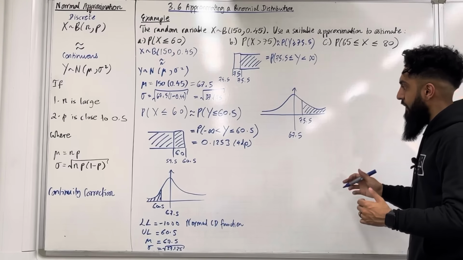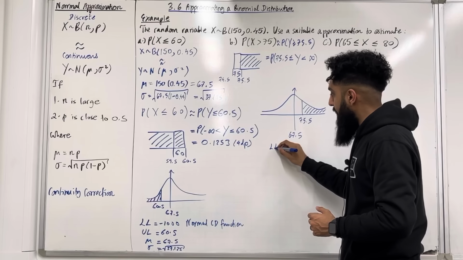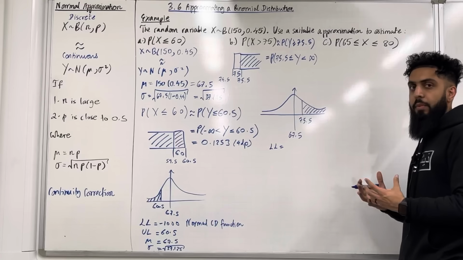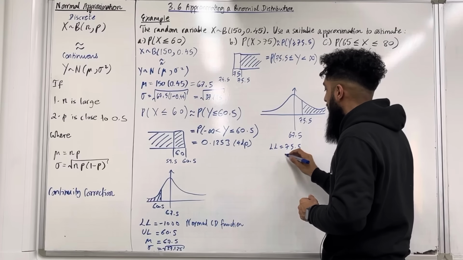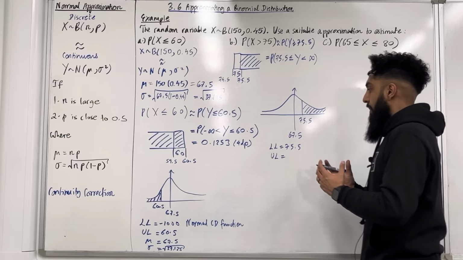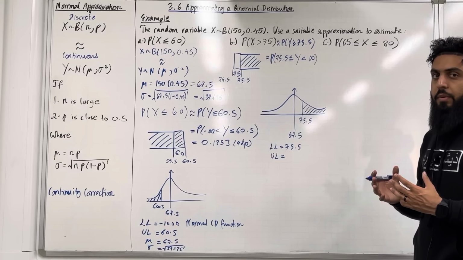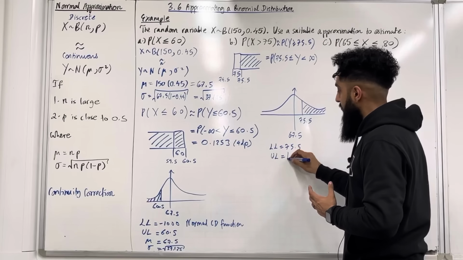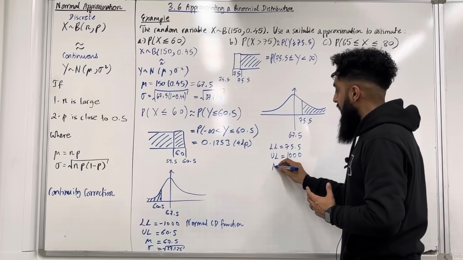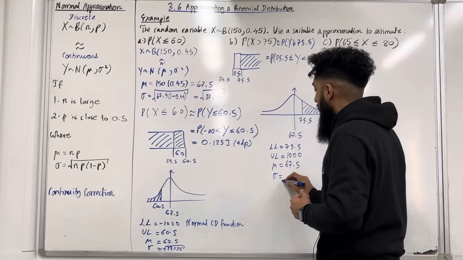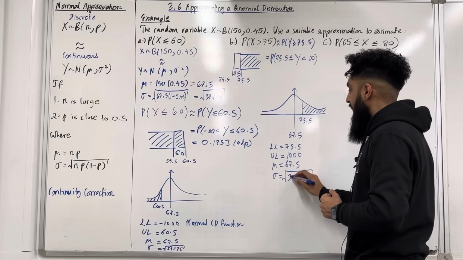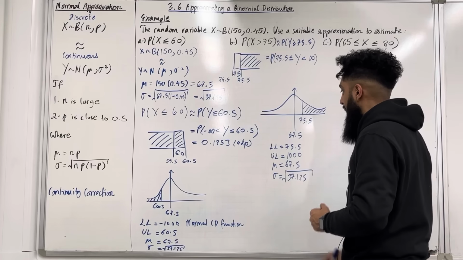So what do we have? Well, firstly, we have that the lower limit is equal to 75.5. The upper limit will be a number far greater than 75.5. We can take 1000. The mean mu is equal to 67.5. The standard deviation sigma is equal to the square root of 37.125.